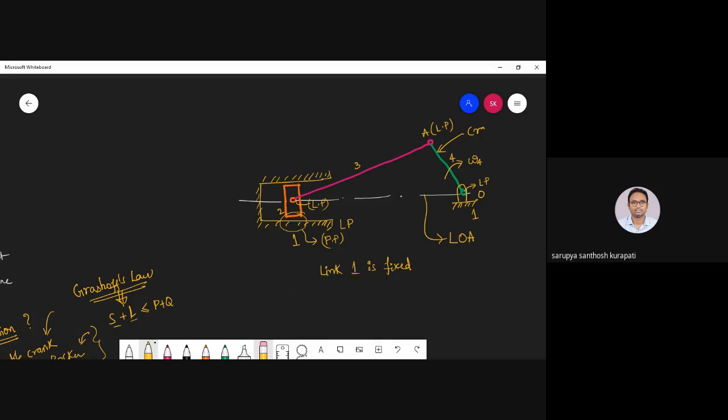The crank is rotating 360 degrees. As the crank rotates, the final link, link number 2, has only one motion, that is translation. So it only translates. That means here the input is rotation, and the output is translation.